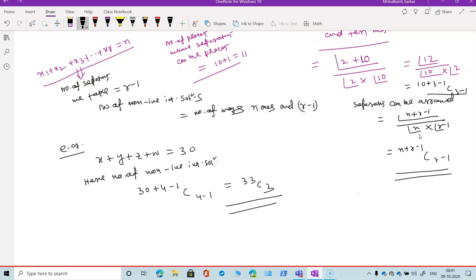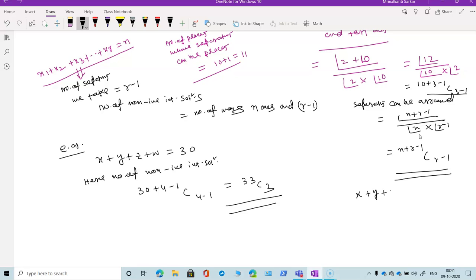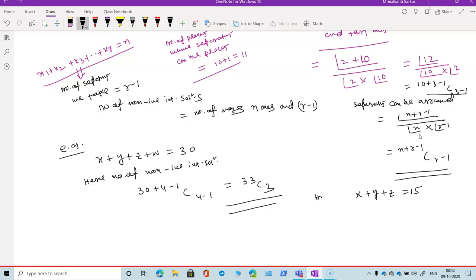Use a different technique to find the number of positive integral solutions of the equation x plus y plus z equal to 15, by using a different or same method.